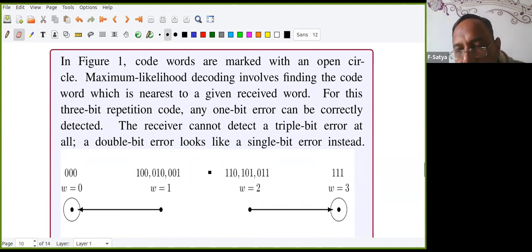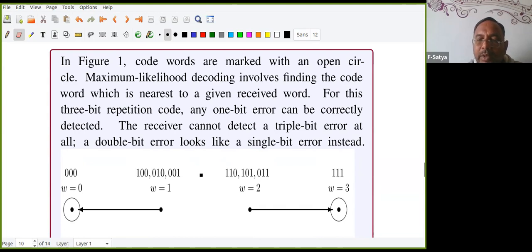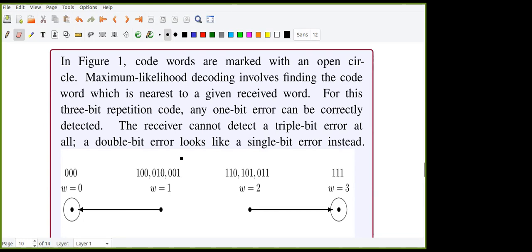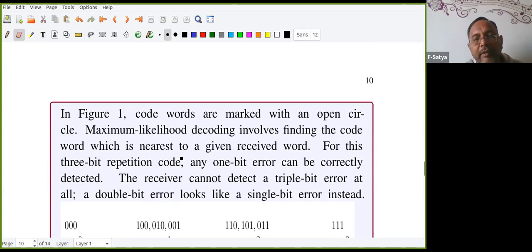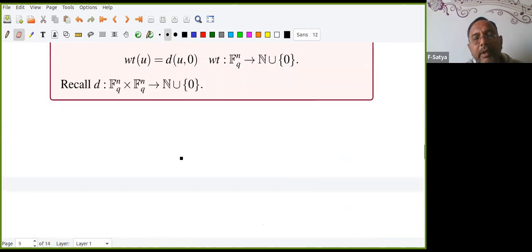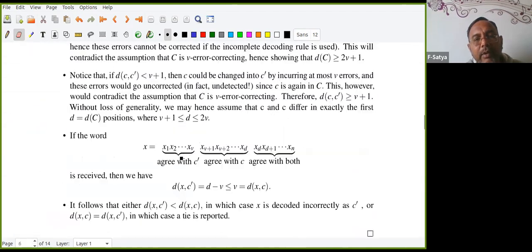Are you following, please? So here I'm able to correct all the errors. If one error happened, can I correct it correctly? Yes. See, my code words are 000 and 111 only. I'm telling this many times, right? This diagram, I also told in the first class.